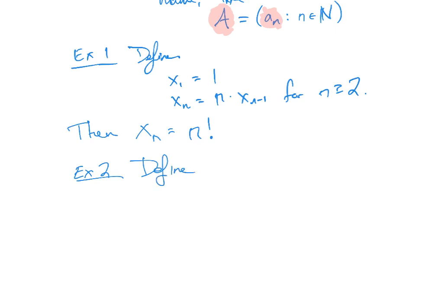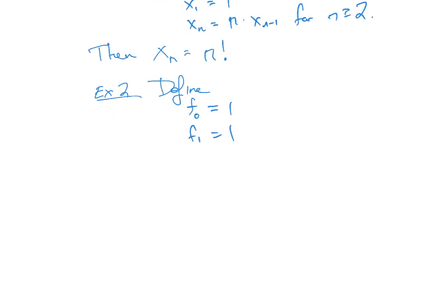Another recursively defined sequence. We could define f sub 1 equals, and sorry, I'm a combinatorialist, so I demand the sequence is going to have to start at 0. Sorry. F sub 0 equals 1, and f sub 1 equals 1, and f sub n is f sub n minus 1 plus f sub n minus 2 for n at least 2.